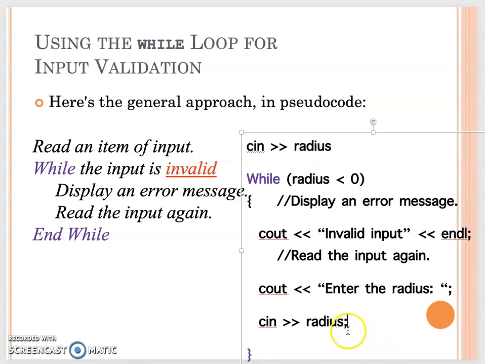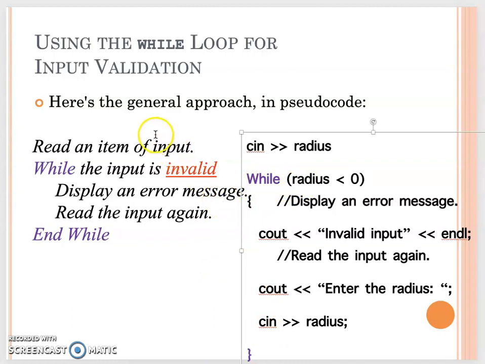After we get the cin again, we will get the new input. So again, we go back to check: if the radius is less than 0, it is still invalid, so we continue to repeat this block. But if the new radius is greater or equal to 0, then when we check the while loop, the condition becomes false, so we finish.